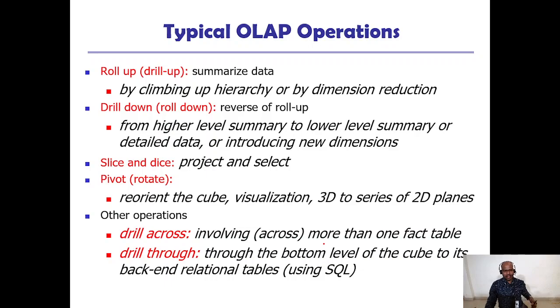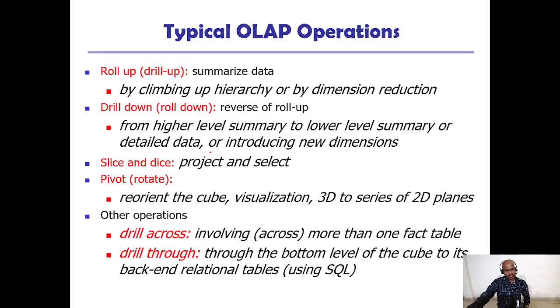Now we will see important concepts when analyzing OLAP operations. The typical operations are roll-up operation, drill-down operation, slice and dice operation, pivot operations, and drill across and drill through operations.